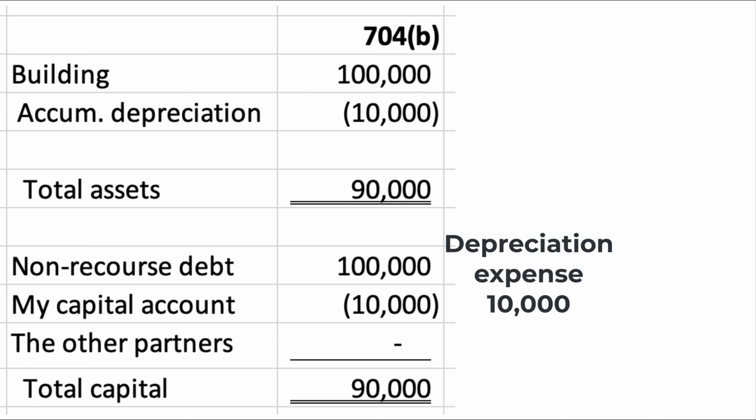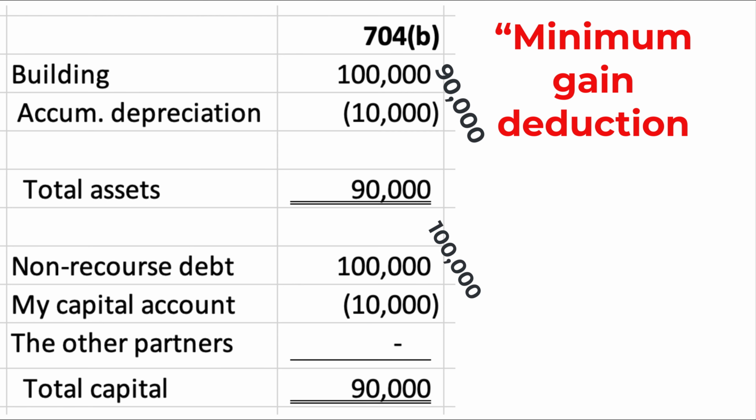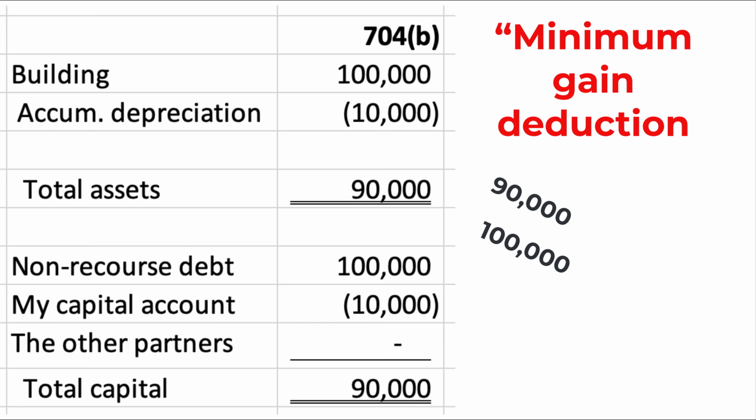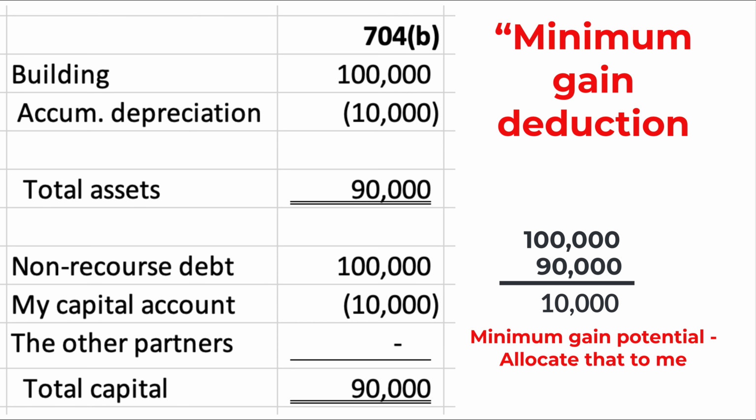So, the depreciation expense creates a $10,000 loss, and if that loss is allocated to me, it would drive my economic capital account to a negative $10,000. But the depreciation expense also creates $10,000 of minimum gain, assuming that the amount of the liability hasn't changed.